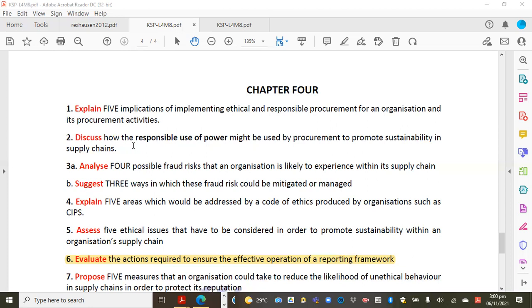So Apple, for instance, can use their knowledge of ethical and responsible business to educate the other members of the supply chain and develop or provide support.